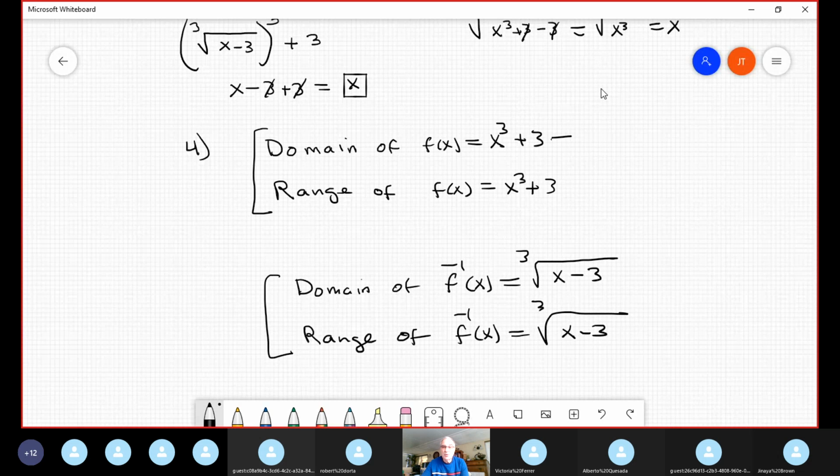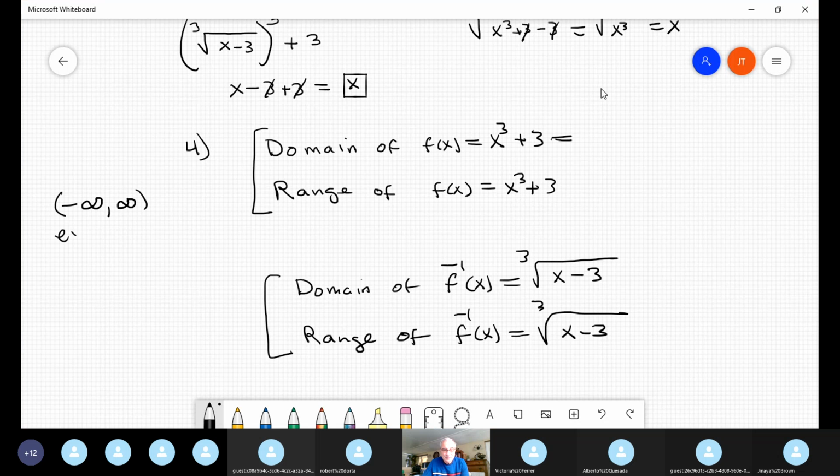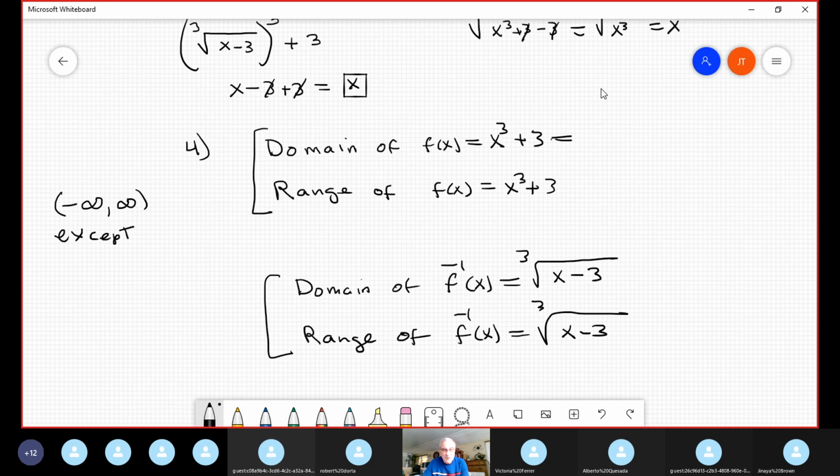Well, it's obvious the domain, looking at the graph or not looking at the graph. I know the agreement to find the domain of any function is that the domain is all real numbers except restrictions.